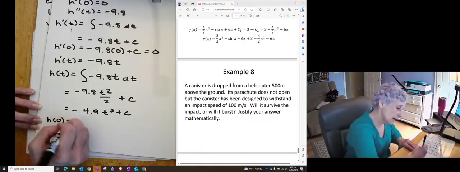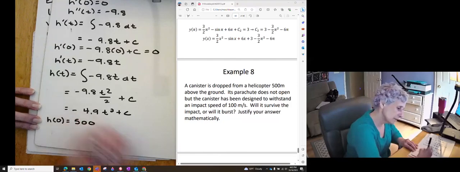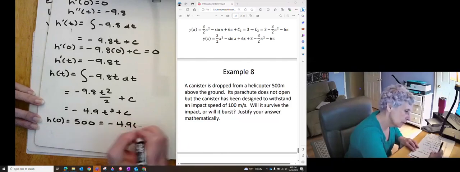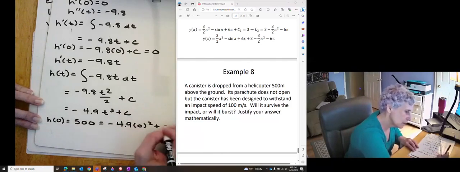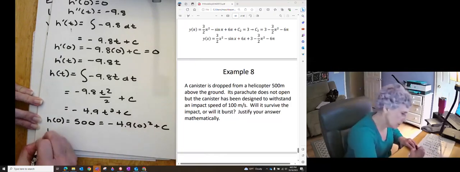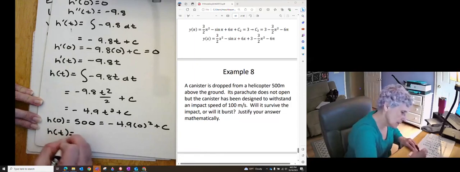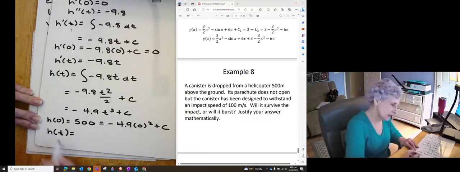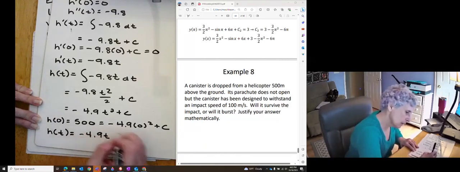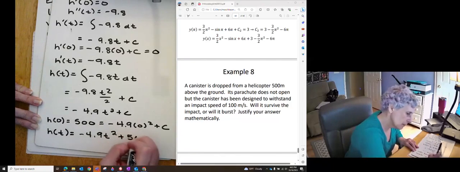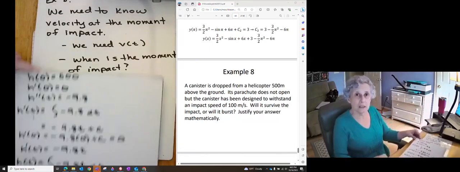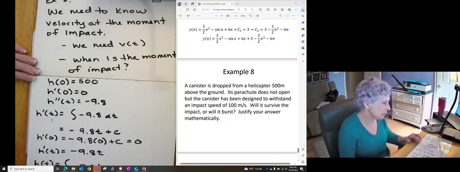And we know the height at time 0 is equal to 500, which is negative 4.9 times 0 squared, plus a constant. My constant's 500. So I have a height function. Height at any time is equal to negative 4.9 t squared plus 500. Now let's go back and see if I have what I need to answer my question.